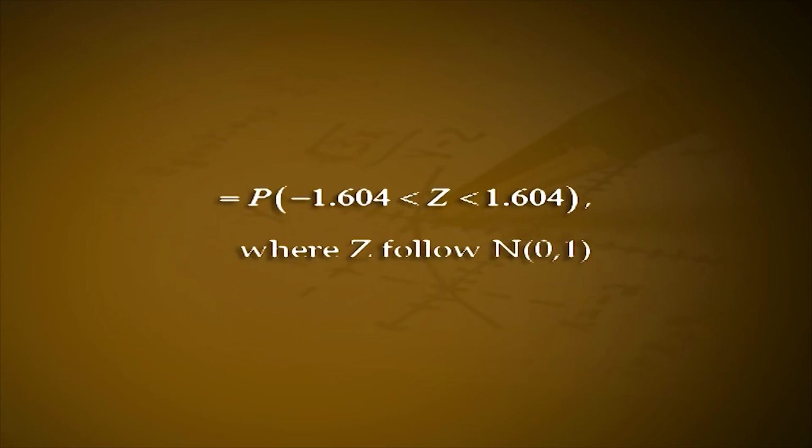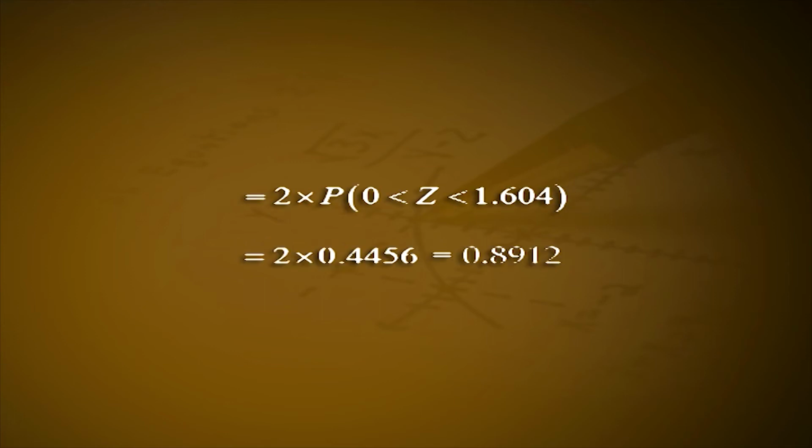That is equal to probability of minus 1.604 less than Z less than plus 1.604, where Z follows N(0,1). That is equal to 2 times probability of 0 less than Z less than 1.604, that is 2 into 0.4456, that is 0.8912.